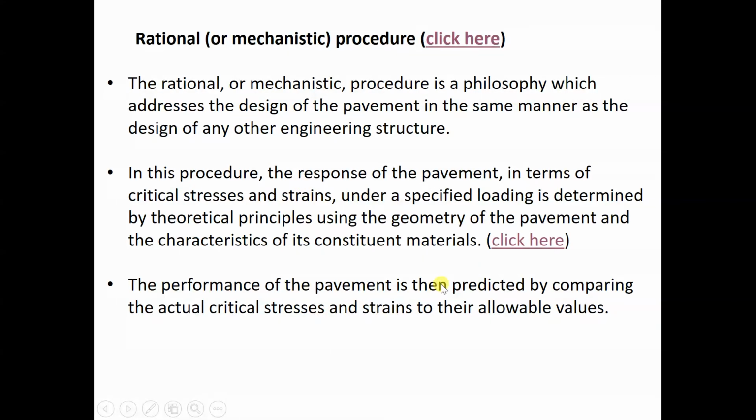Okay, the performance of the pavement is then predicted by comparing the actual critical stress and strength to the allowable values. So we design the pavement for a certain design period, let's say 10-15 years, and within this 15 years there'll be some allowable values, and then whatever the actual value is, based on traffic loading.